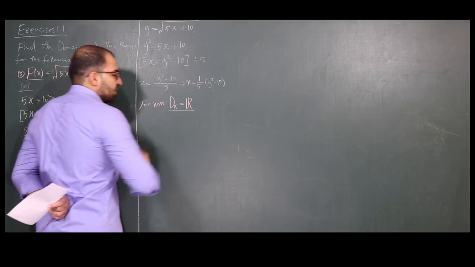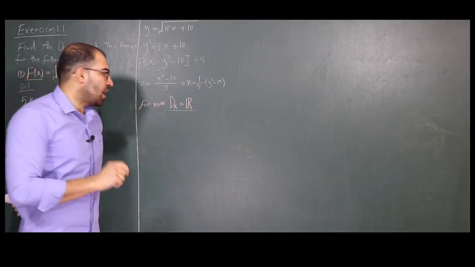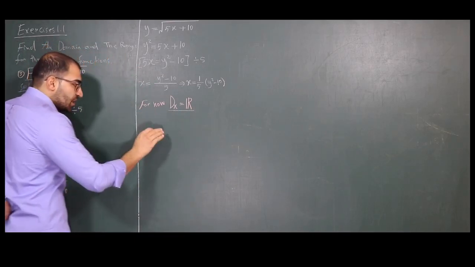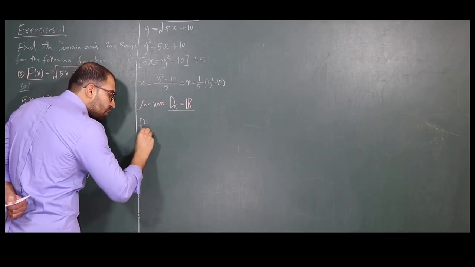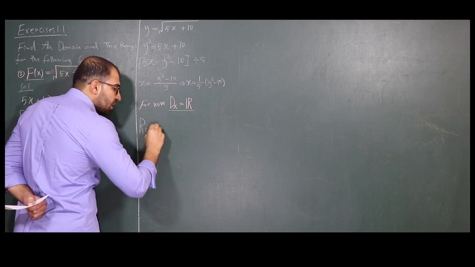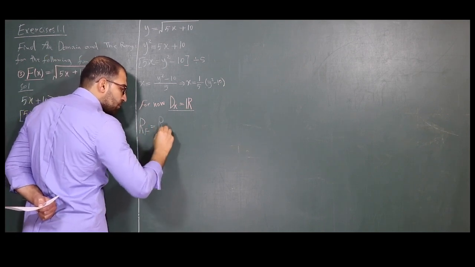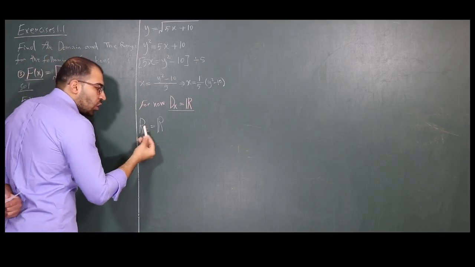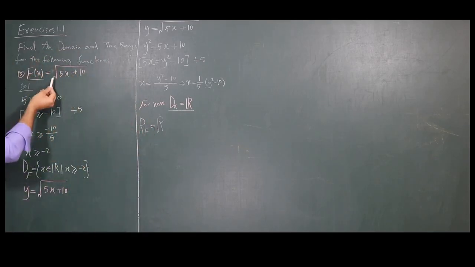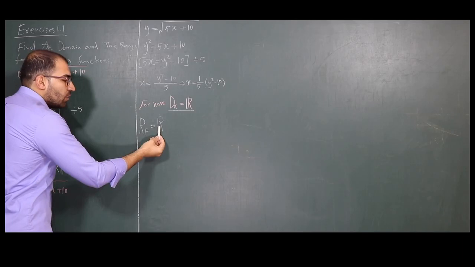It's clear, but I have some restrictions. How? That means the range of the original function f will be R. That means the range or the output of the original function, which is this, will be all the real line.